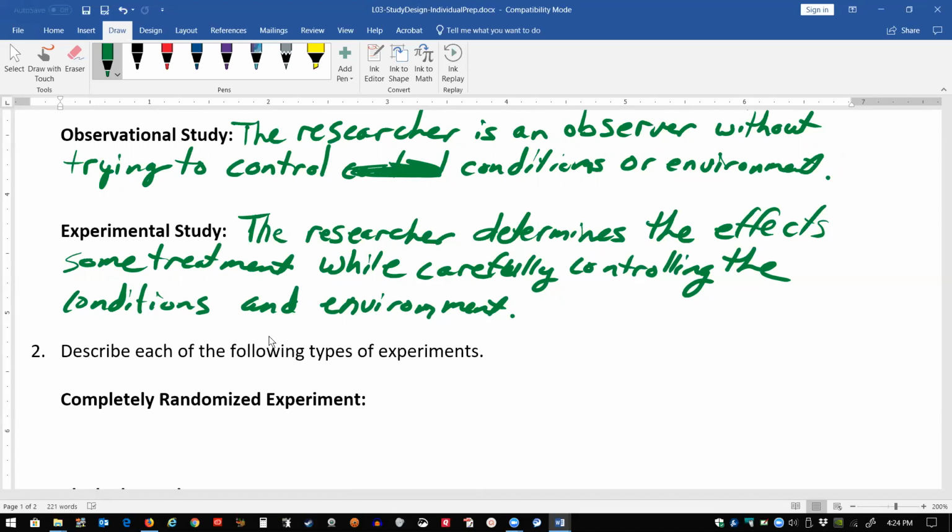Okay, and there's probably subsets of these, and there's other types of studies. A survey study is a little bit different from both of these, right? You give someone a survey, they fill it out, and then you just analyze that data. An experimental study typically has a control group and what's called a treatment group.